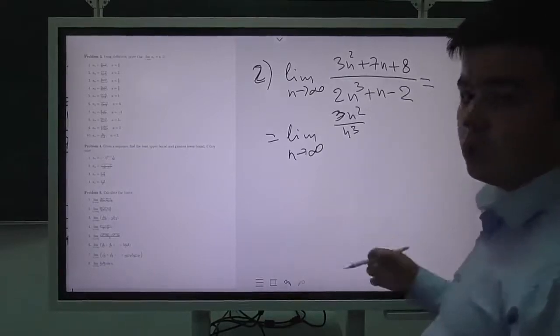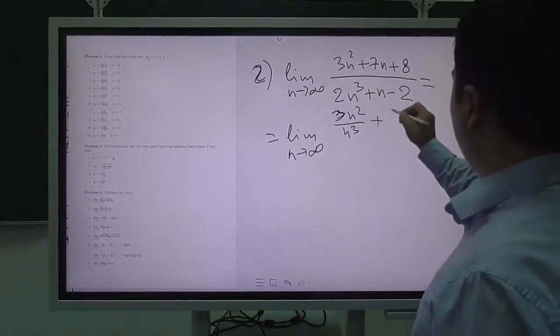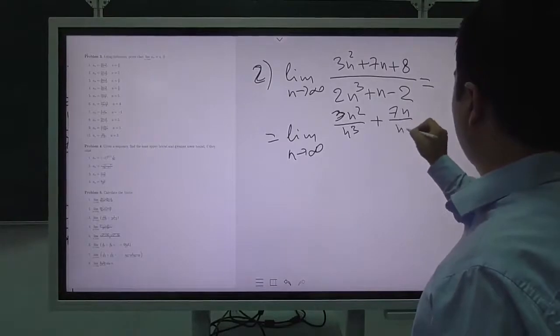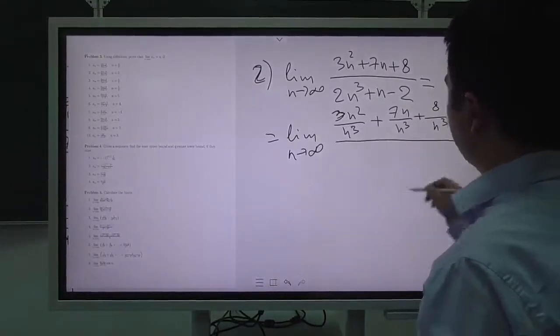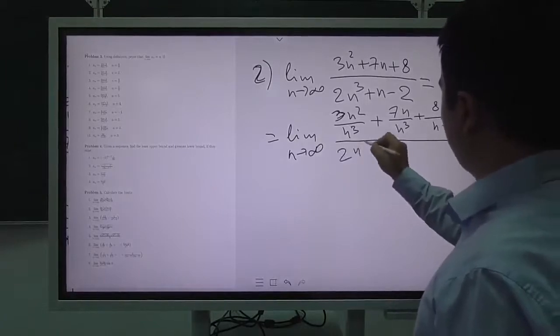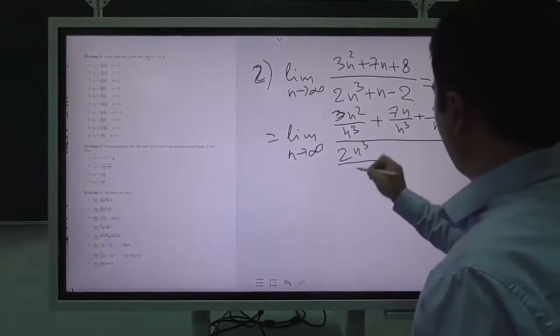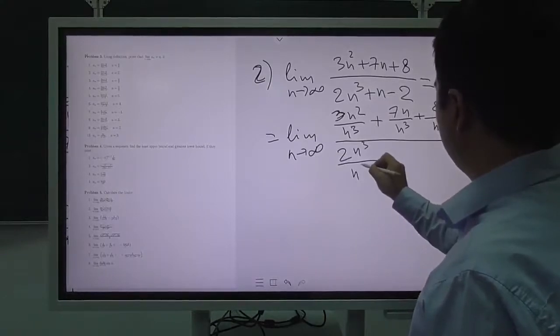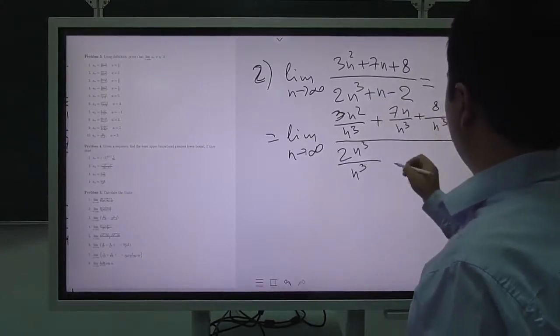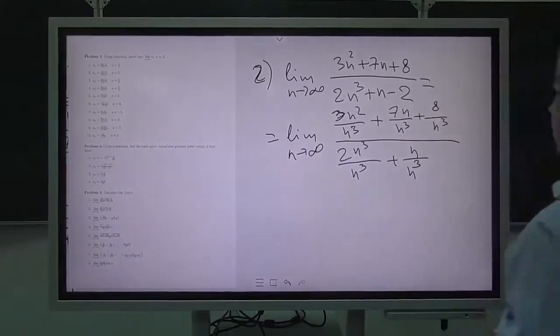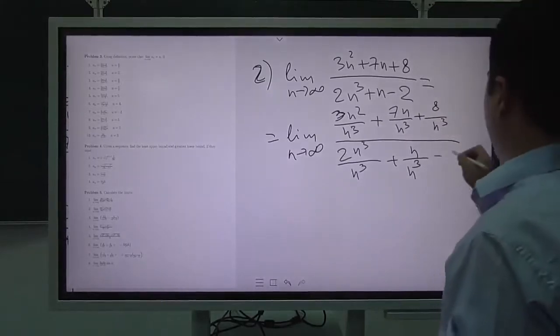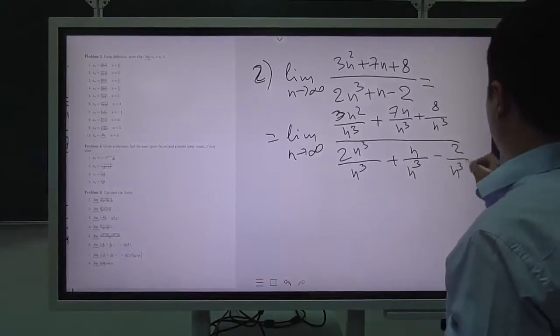In this case it is n cubed, the greatest power. 7n over n cubed plus 8 over n cubed over 2n cubed over n cubed plus n over n cubed and minus 2 over n cubed.